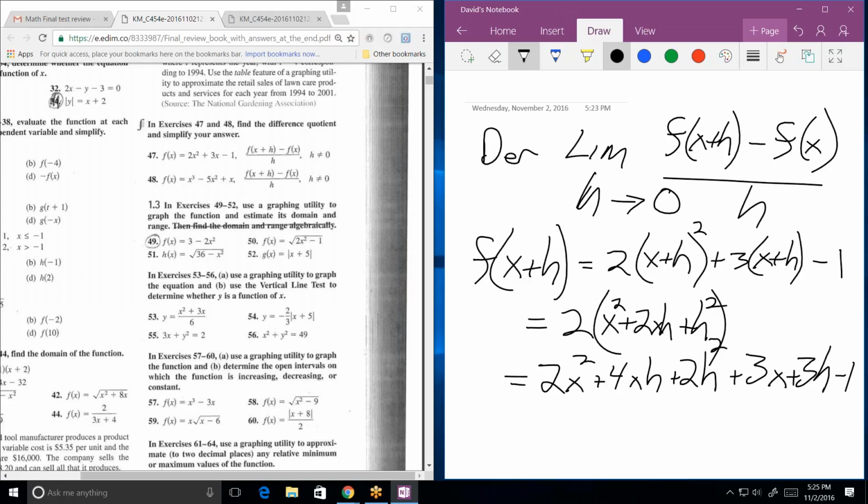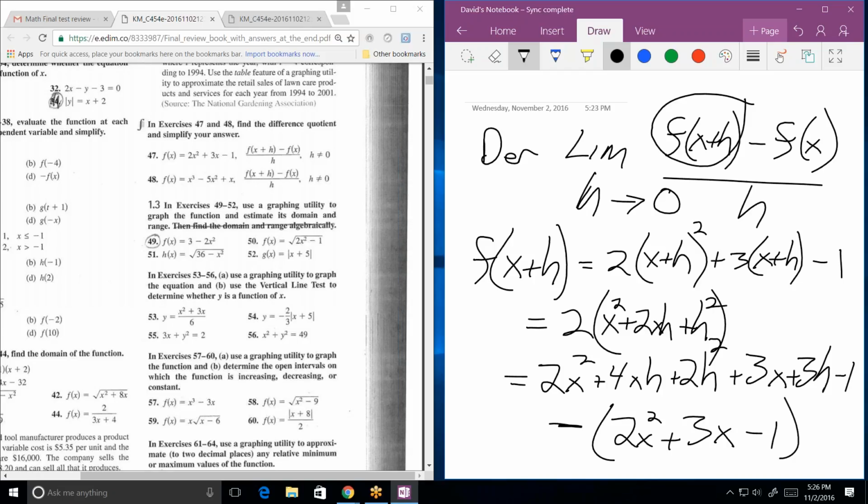Remember what that is. That's f of x plus h. So from that, I have to subtract off f of x. Well, f of x is the quantity 2x squared plus 3x minus 1. And if I remove those parentheses, I have to distribute the negative sign to all terms in the parentheses.